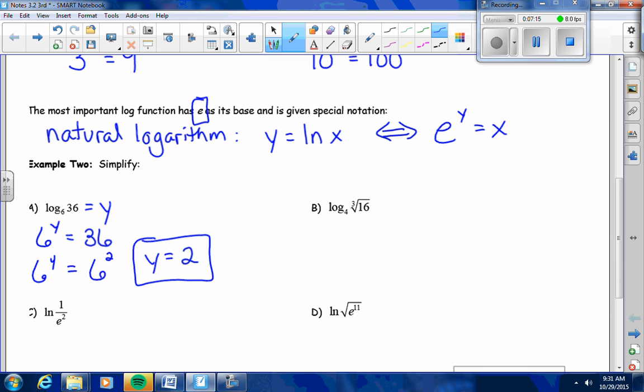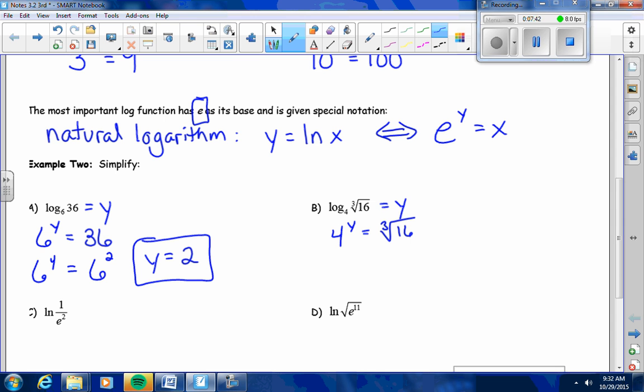Let's look at the next one. Log base 4 of the cube root of 16 equals y. So now we're going to change this into exponential form. What's the base? Raised to what? Equals what? Cube root of 16. All right. Cube root of 16, that's written as a radical.